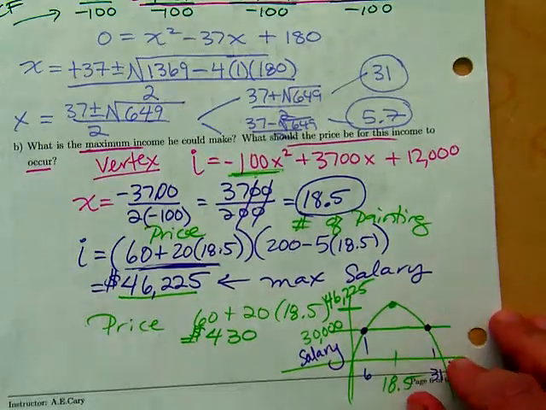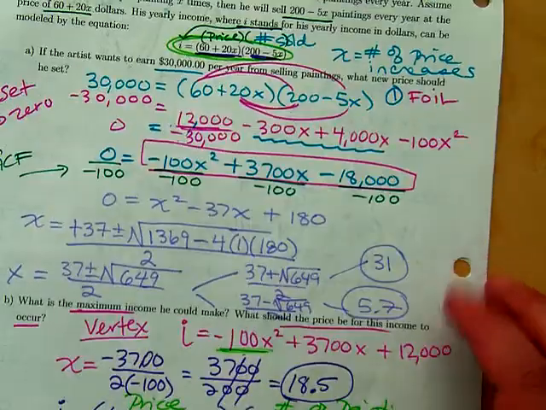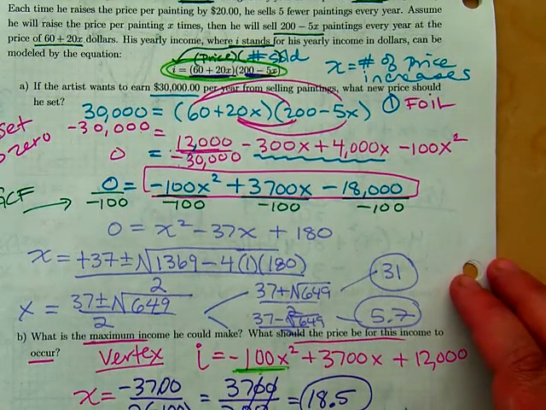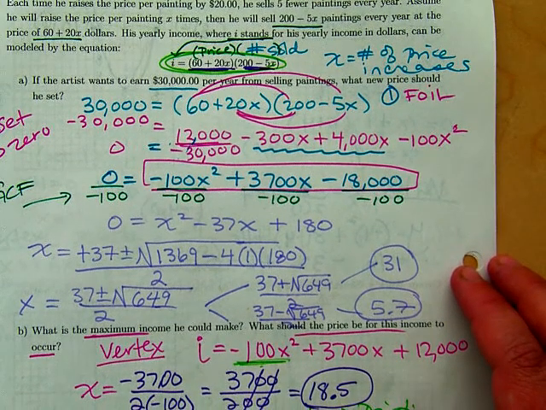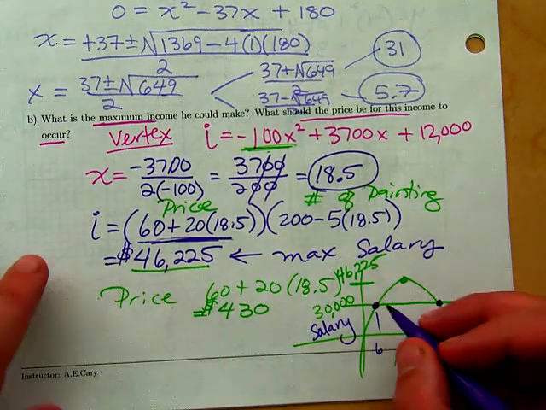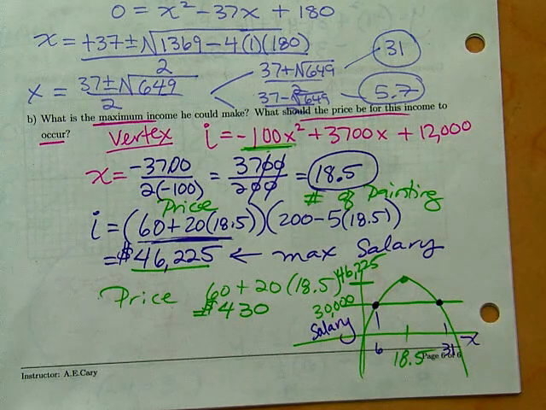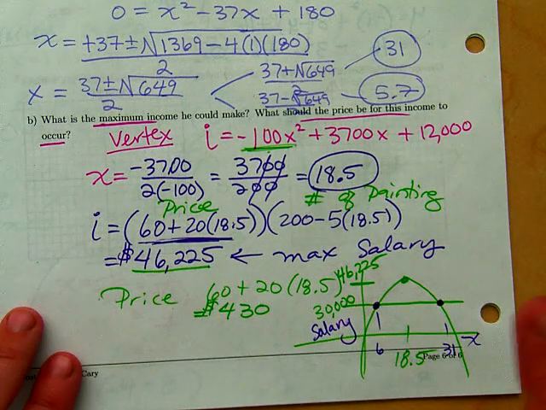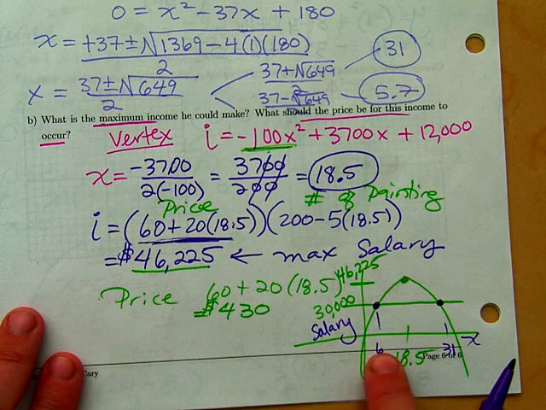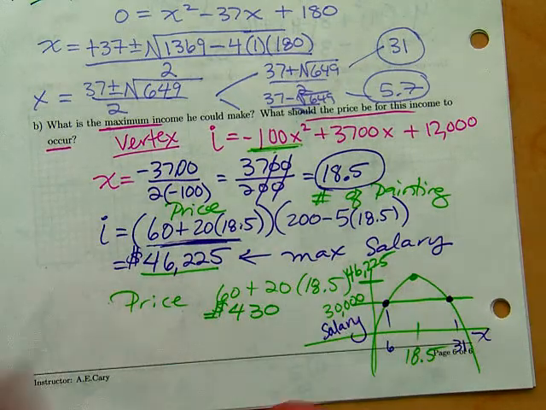All right, so what were we even asking back here? Okay, back here it says, what new price should he set? So what's happening here is with this price, remember he starts out at $60, right? So we were using this part right here for the price.